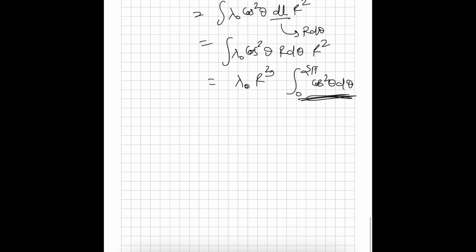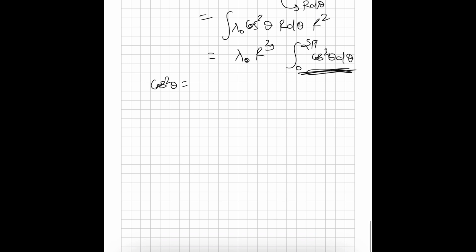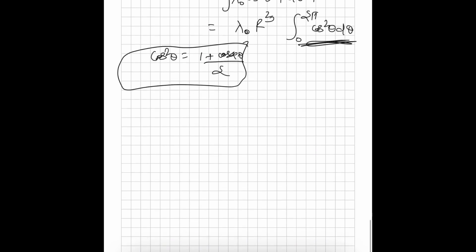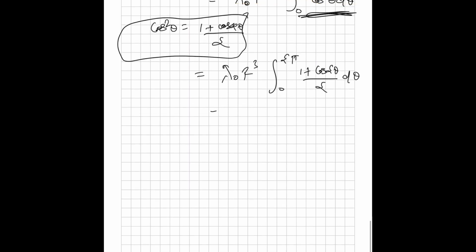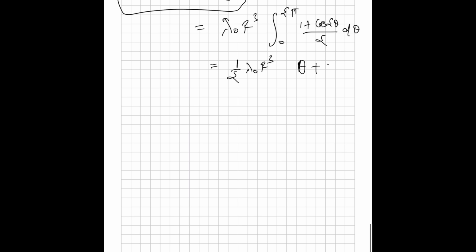So how to solve this cos square theta d theta integration? We have this trigonometric identity, cos square theta equals 1 plus cos 2 theta divided by 2. So we can use this identity to simplify the integration, 0 to 2 pi, 1 plus cos 2 theta divided by 2 d theta. 1 by 2 lambda naught r cube. 1 will become theta and cos 2 theta will become sin 2 theta by 2, from 0 to 2 pi, and sin 2 theta will give zero.